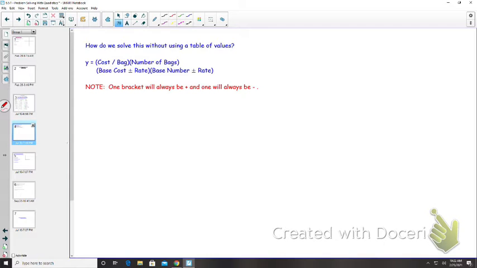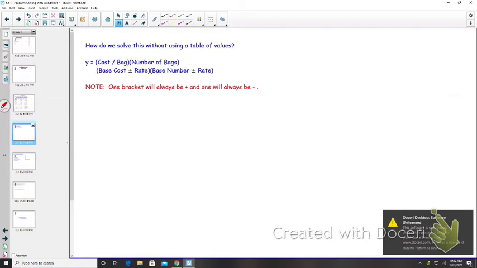What we have just found is that the profit is the cost per bag multiplied by the number of bags. So we had just found the y component. If we wanted to graph it, this would be our y-axis.